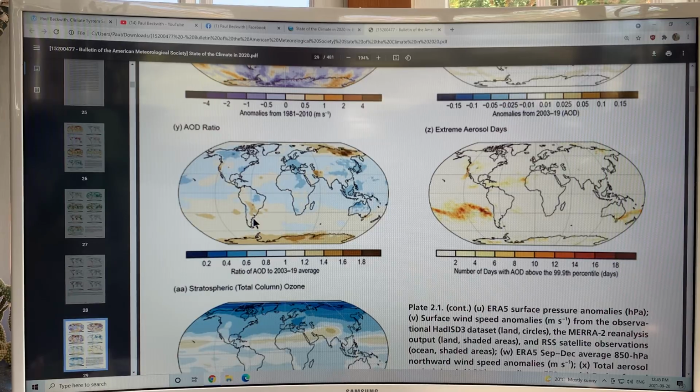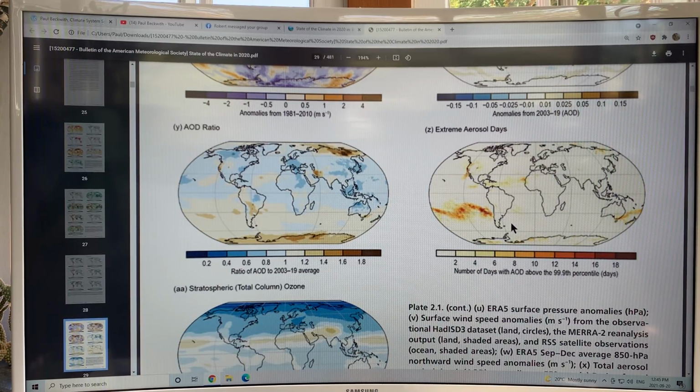The aerosol optical depth ratio, and you can see, again, over land, it's decreasing. Over parts of the ocean and South America, Antarctica Peninsula, it's increasing. Same as Siberia. Extreme aerosol days.